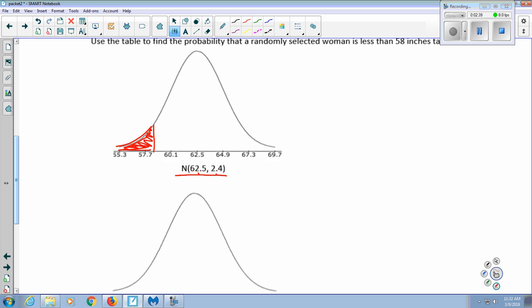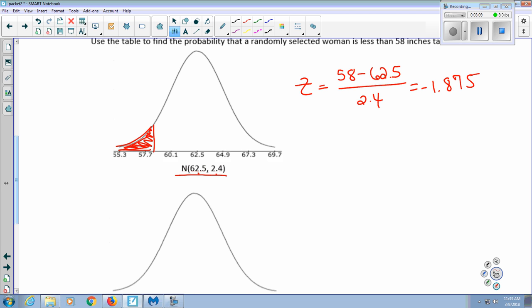So our table only works for the standard normal model. So we need to standardize our score. So let's look at our Z, which is going to be equal to what we're observing, 58, minus our mean, over our standard deviation, and this value comes out to be negative, which we'd expect because we're less than the mean, 1.875.